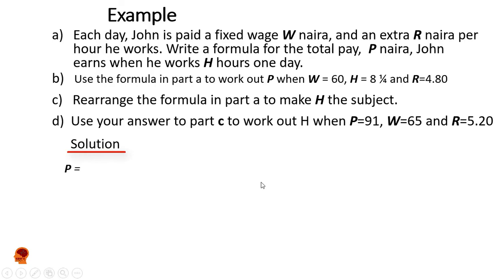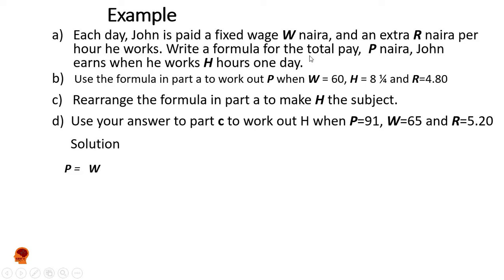Now, number one, the first thing to do is, do not forget that John is paid a fixed wage. So that P would represent the pay, equal to the wage, and the rate per hour it works.